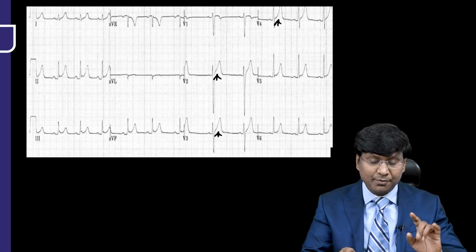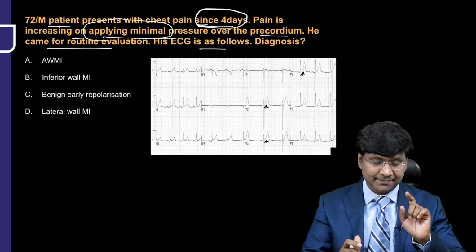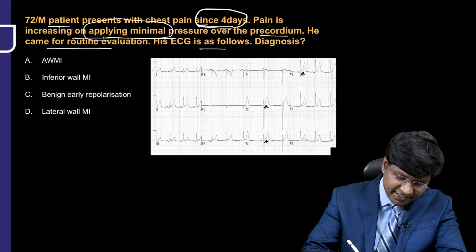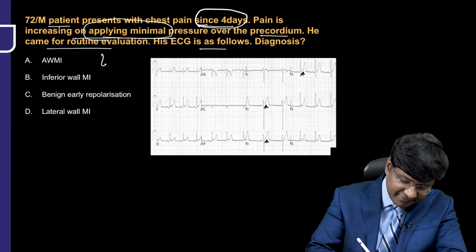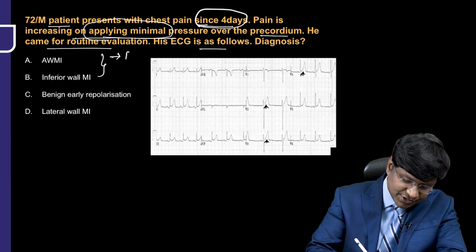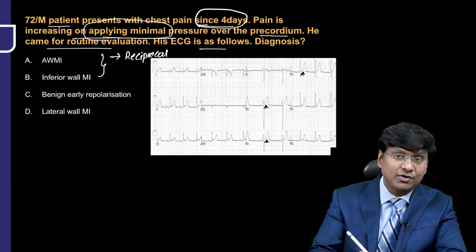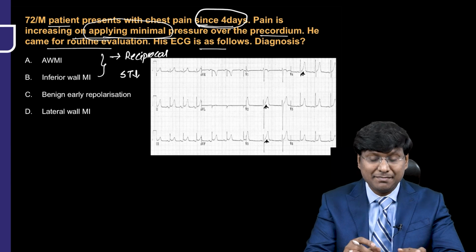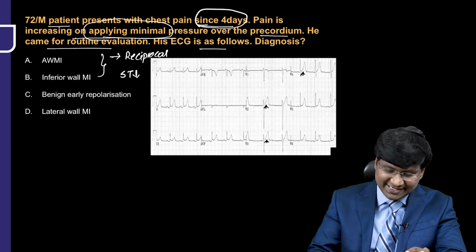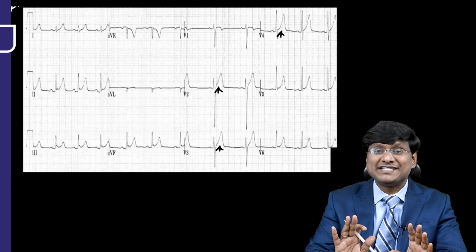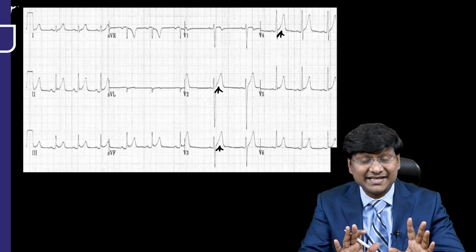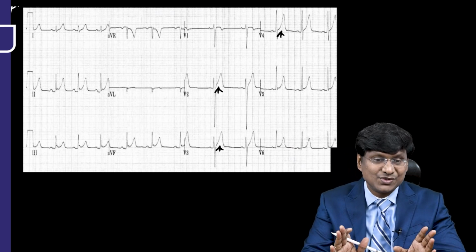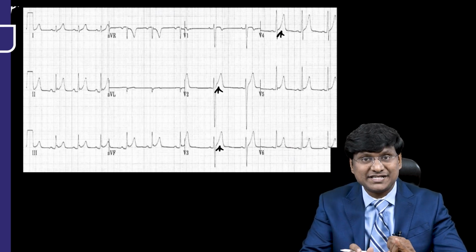But another important point to rule out MI: in patients with myocardial infarction, you will have reciprocal changes. What will those reciprocal changes be? ST segment depression. But in this particular ECG, there are no reciprocal changes.